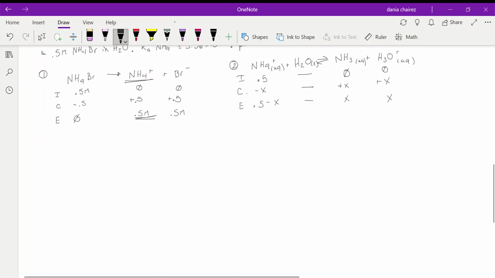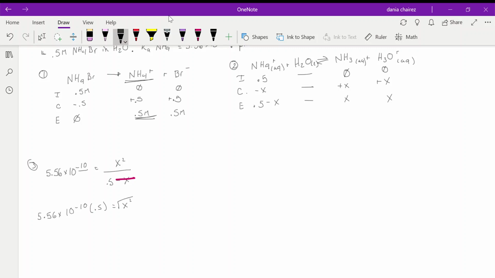So then our step 3 would be to solve for our X using Ka, which we were told is 5.56 times 10 to the negative 10 is equal to your products, which I'm just going to put as X squared because X times X gives you X squared, over 0.5 minus X. And this number is small enough that we can just disregard the X. So then we would have 5.56 times 10 to the negative 10 times 0.5 is equal to X squared.